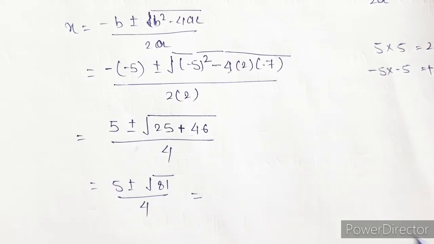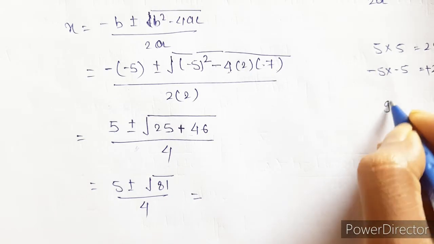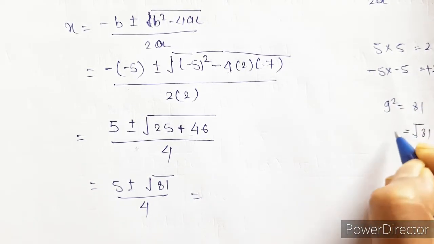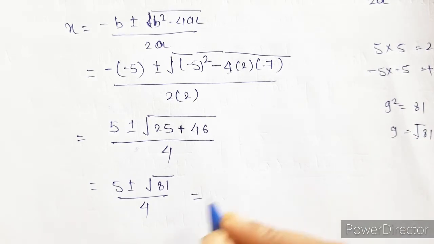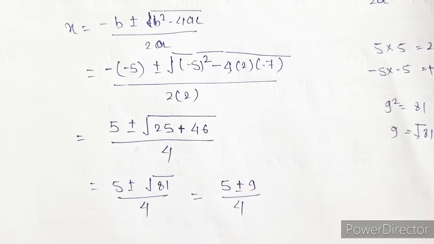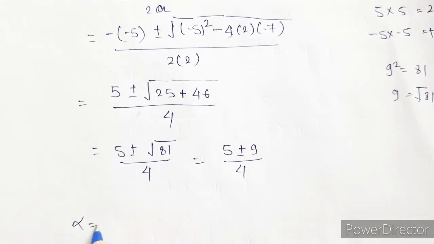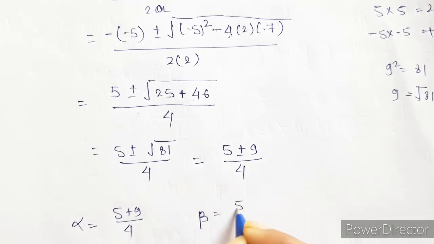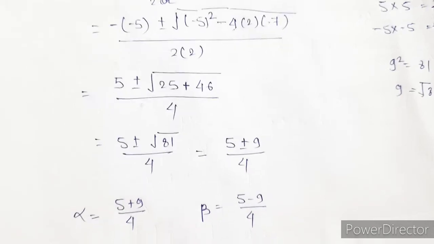And we know that the square root of 81 is nothing but 9, since 9 square is 81. So this can be written as 5 plus or minus 9 upon 4. So alpha is going to be 5 plus 9 upon 4 and beta is 5 minus 9 upon 4.